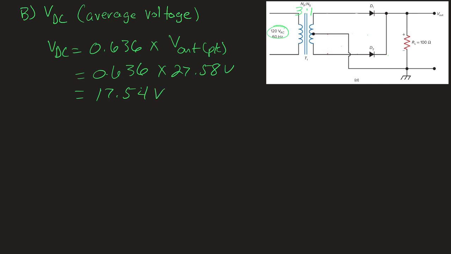So it's important to note that we're dealing with three different numbers for voltage. Number one is the peak voltage. Number two is the RMS voltage, or the root mean square voltage.